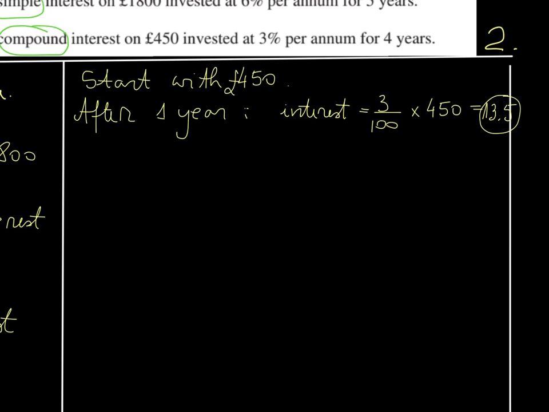This is the interest. But after 1 year, you have in the bank 450 plus 13.5, so you get 463.5.